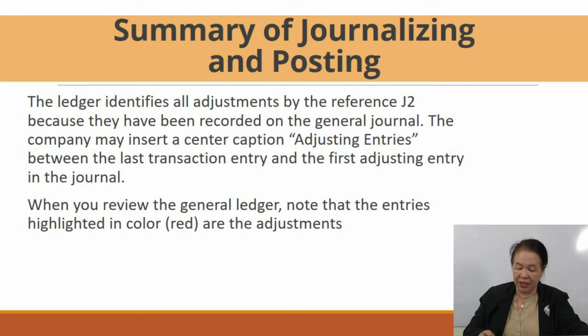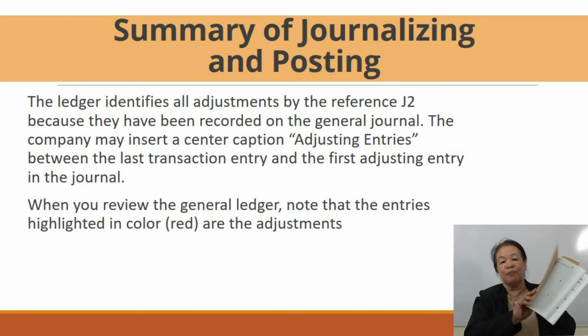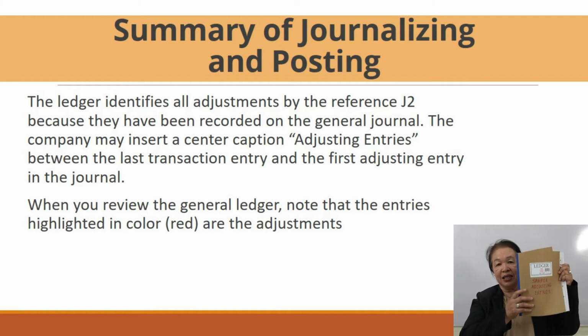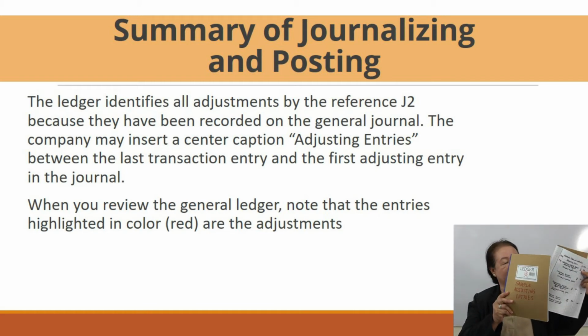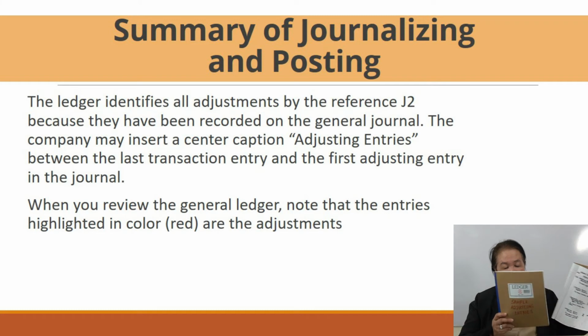So, when you review the general ledger, note that the entries highlighted in color red are the adjustments, no? So, makikita nyo din yan sa ginawa kong posting sa ano natin. Dito po sa sample natin na adjusting entries dito sa ledger natin at saka dito sa journal natin, no?